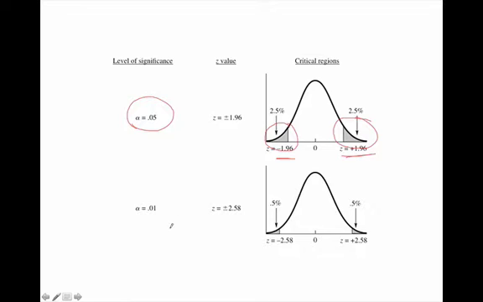But we can see that as our alpha level becomes more stringent, from 0.05 to 0.01, the area of the curve associated with our critical regions becomes smaller, and that corresponds with a more extreme value for our critical regions.